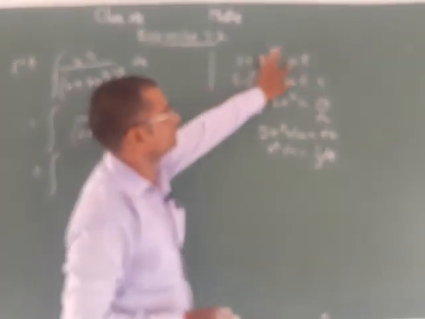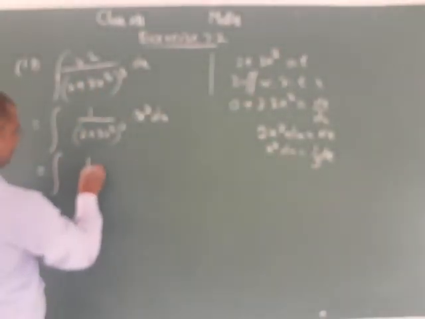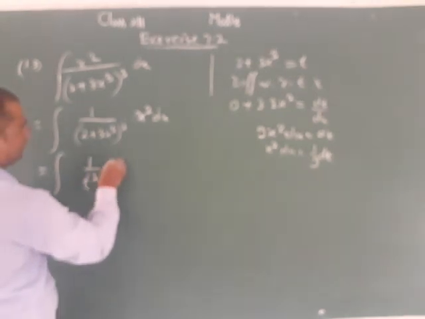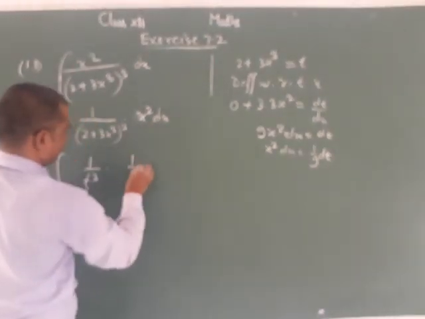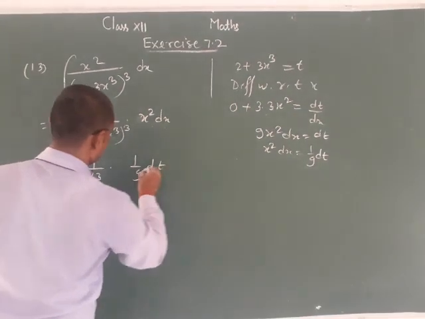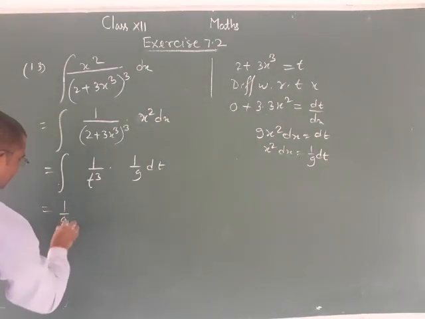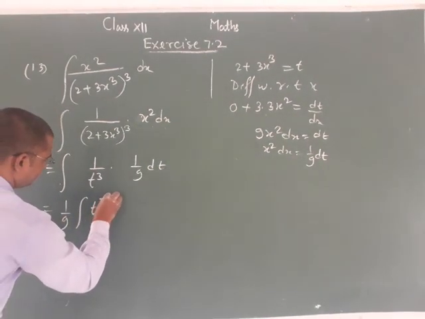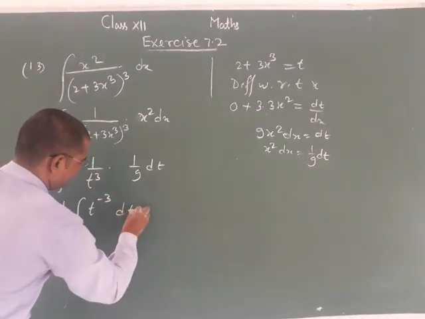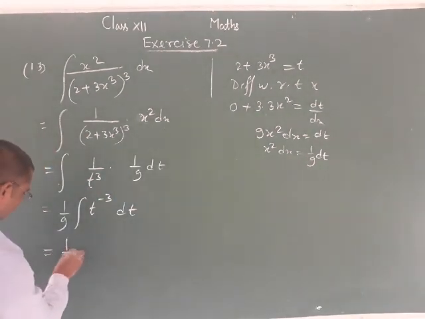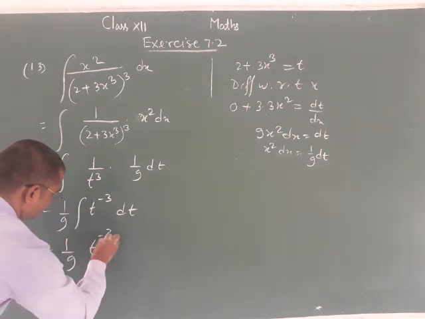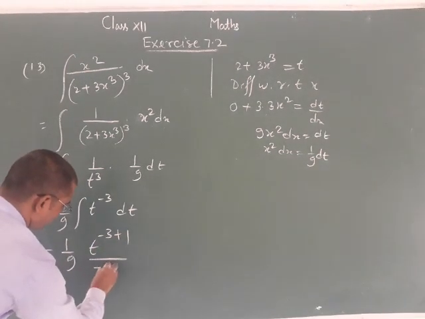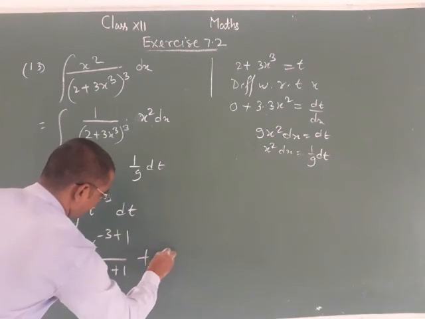Now change this: 1 upon (2 plus 3x^3)^3 is equal to 1 upon t to the power 3, and x square dx is 1 upon 9 dt. So 1 upon 9 integral of t to the power minus 3 dt. So 1 upon 9 times t to the power minus 3 plus 1 upon minus 3 plus 1, plus c.